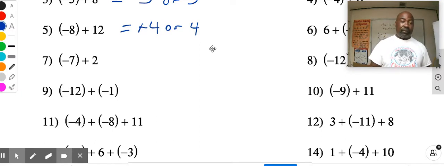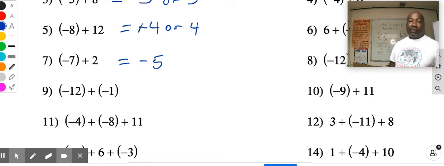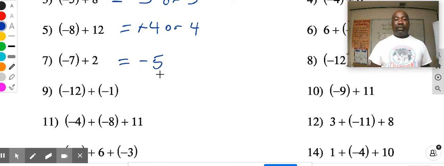Let's do two more and then jump into it. Here we have negative 7 plus positive 2, which is going to give you what? I heard someone say negative what? Negative 5. Now, we're going to add a negative 12 plus a negative 1. What do you think that is? It's going to be a negative what? 13.